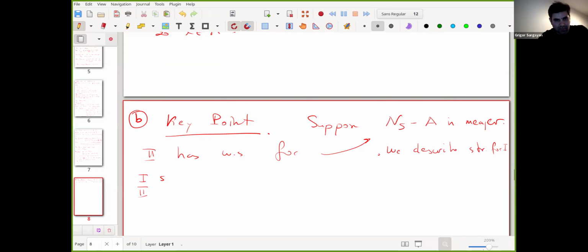So 1 starts playing S, and now 2 is going to respond with, let's say, a 0, but now 1 becomes 2 now. 1 just repeats. Now 1 plays.